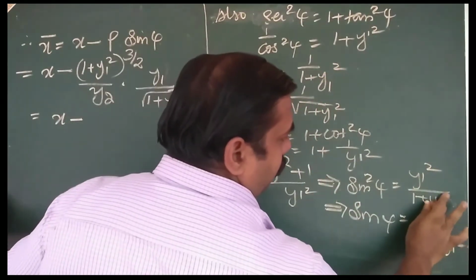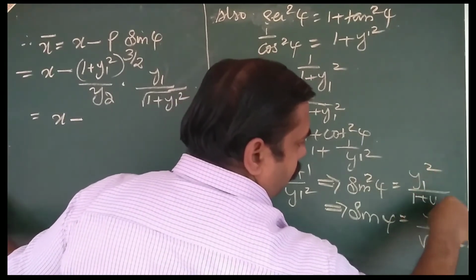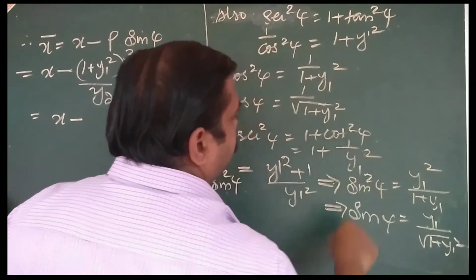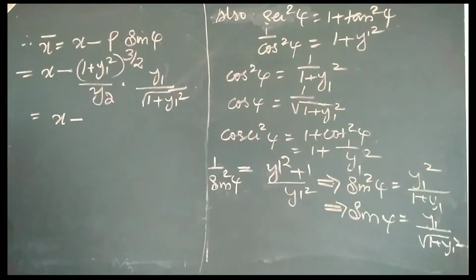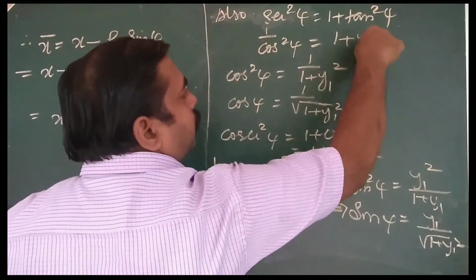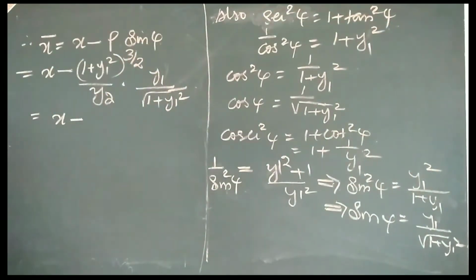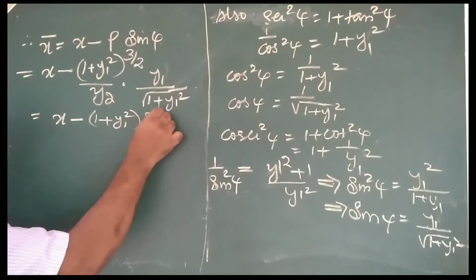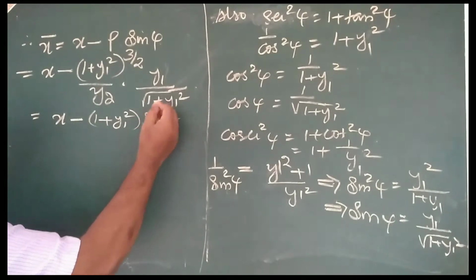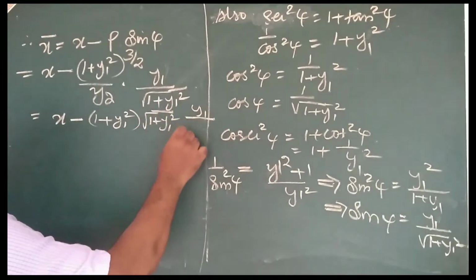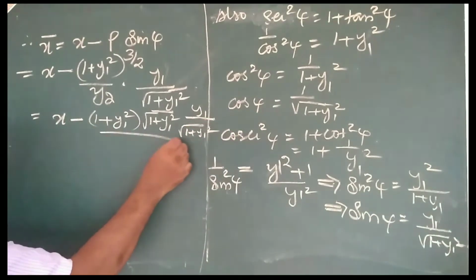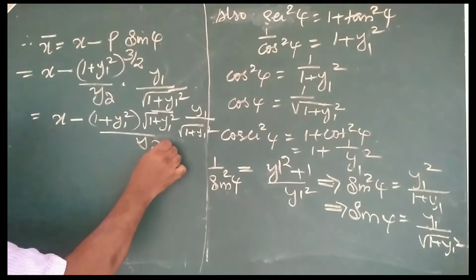So that is x minus 1 plus y1 square into root of 1 plus y1 square, y1 by root of 1 plus y1 square, divided by y2.